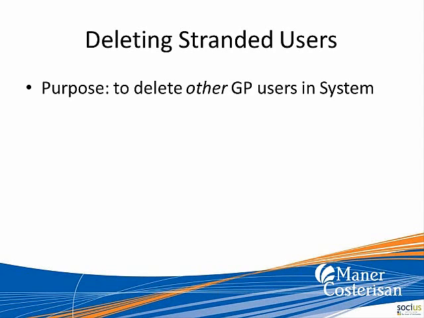Would you like to look at this? And your proper response is yes. It shows your stranded user, you delete yourself, and the problem is resolved. So that's not what I'm talking about. I'm talking about somebody else in the system.